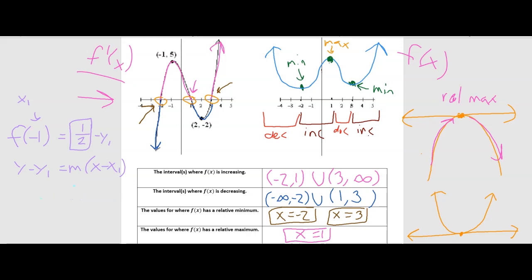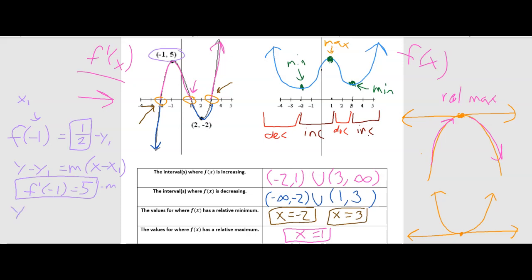Let's take a look at this graph. Does it tell us what the derivative value is at x equals -1? Well, fortunately, it does. That's one of the points that's labeled. So f prime of -1 is equal to 5, and this is our m.